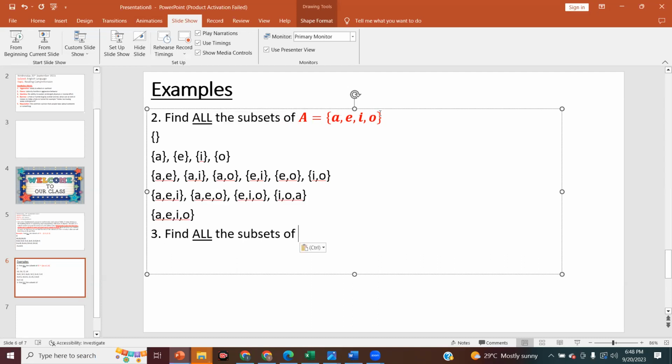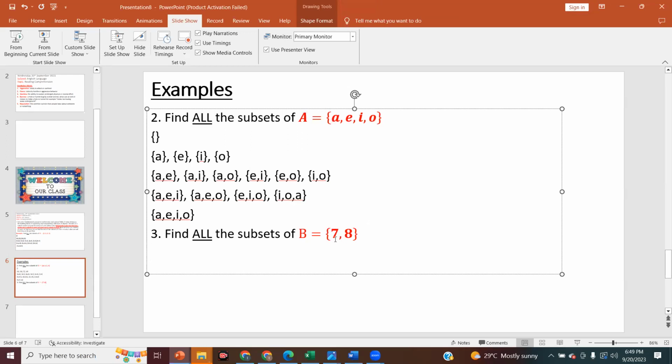Find all subsets of, let's call this B. What are going to be the subsets of 7 and 8?